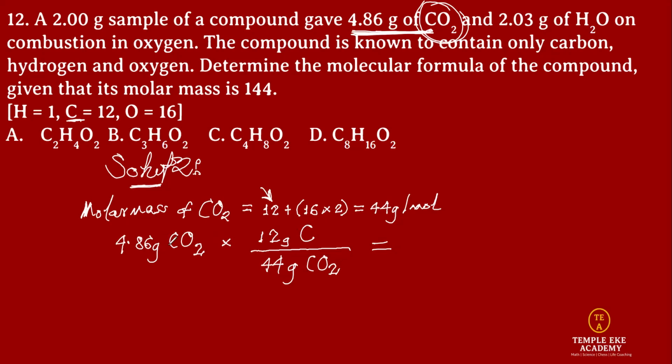So we can see the units already take care of themselves. Gram of carbon 4 oxide eliminates gram of carbon 4 oxide, and we have the prevalent unit, gram of carbon. So by multiplying these, we obtain 1.33 by using our calculator, gram of carbon present in the organic compound.